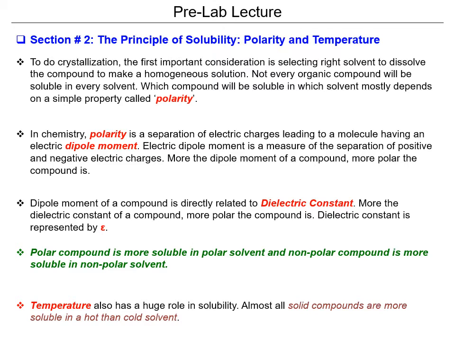Selecting the right solvent is an important thing when doing crystallization. One of the more important things to consider is the polarity of the solvent. Not every organic compound will be soluble in every solvent. The polarity of the compound depends on the dipole moment of the compound. If you remember from your general chemistry class, on the periodic table there's a trend you have to remember.